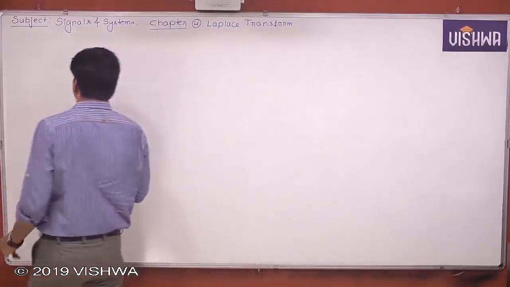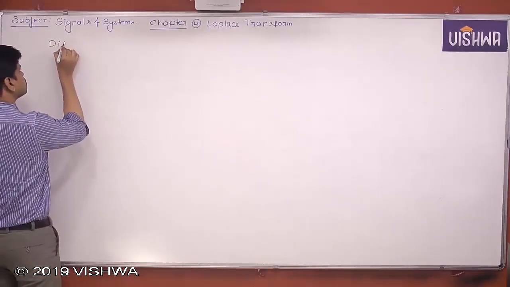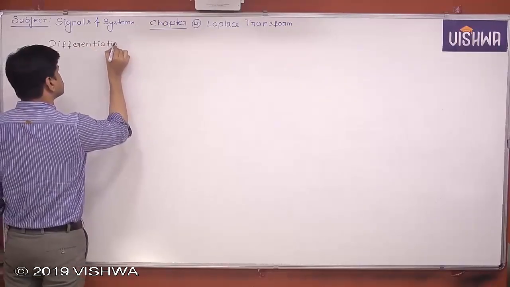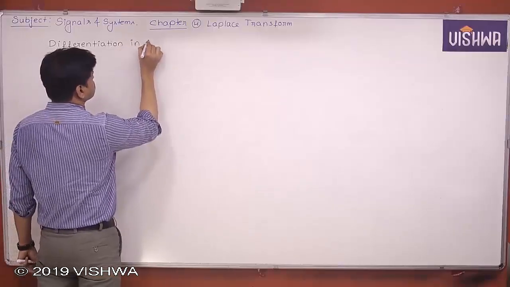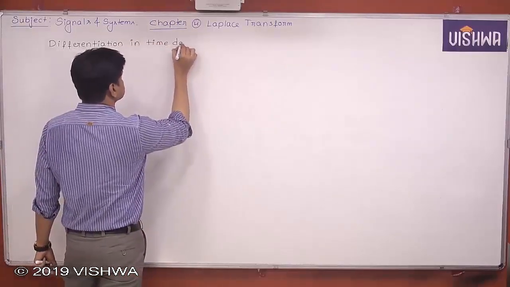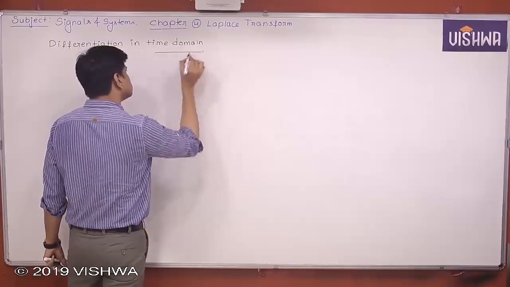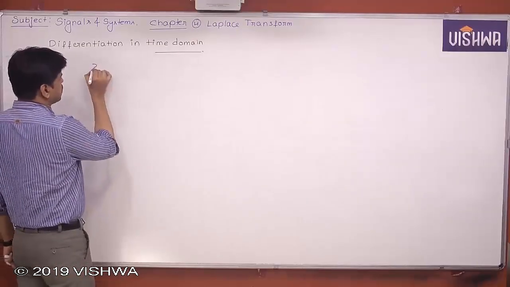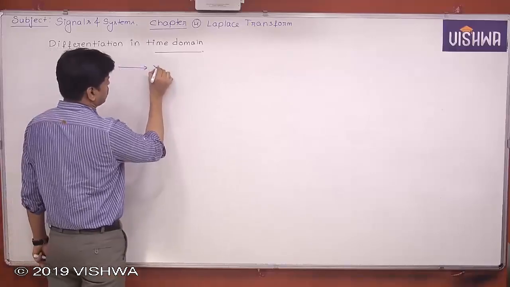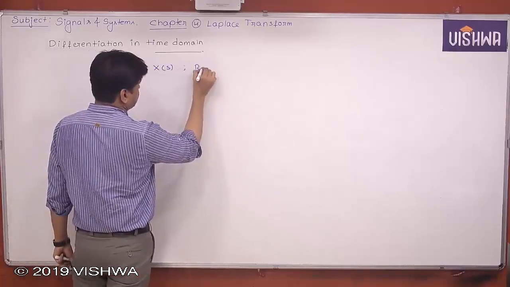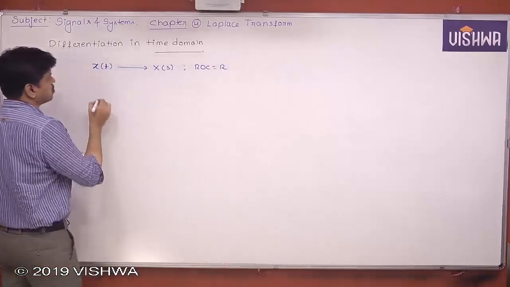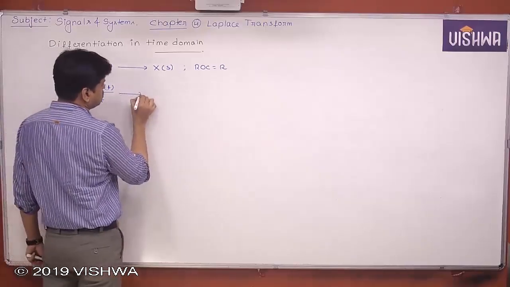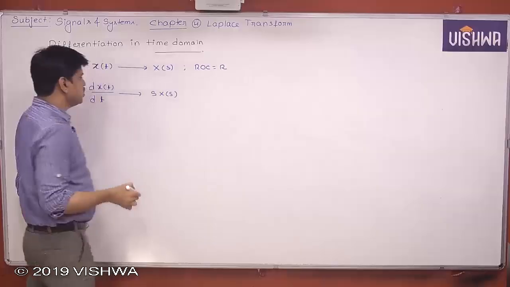Next property, differentiation in time domain. If a signal x of t having Laplace transform x of s with ROC R, then dx of t by dt, simply we have to multiply x of s with s.